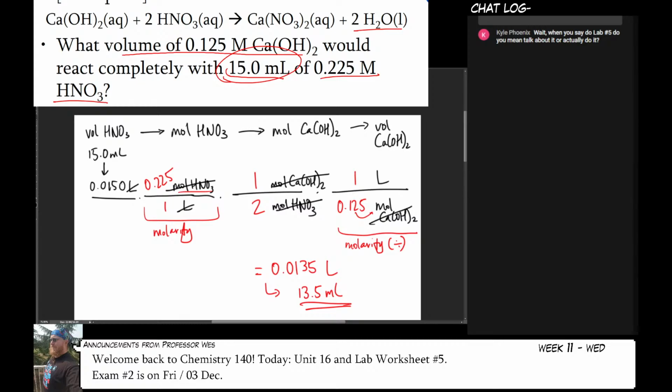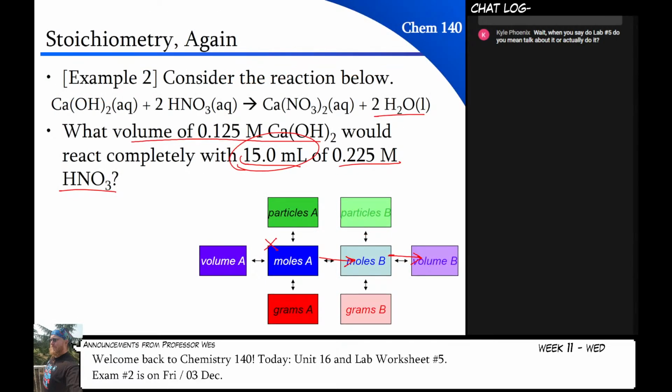So to completely react with 15 milliliters of 0.225 molar nitric acid, I needed 13.5 milliliters of 0.125 molar calcium hydroxide. All right. Any questions, let me know. So we'll put all that on the screen here. There you go.